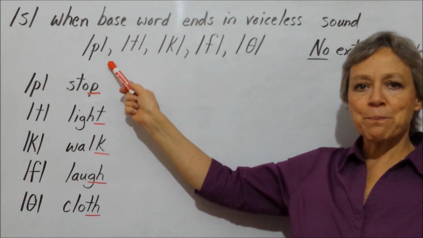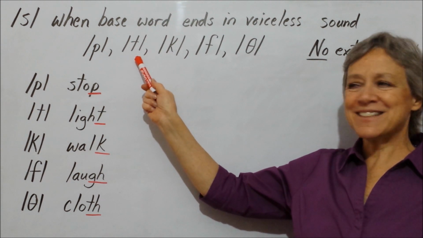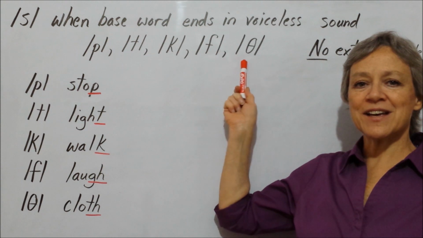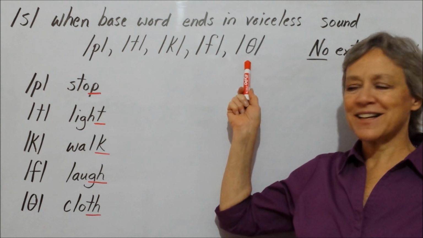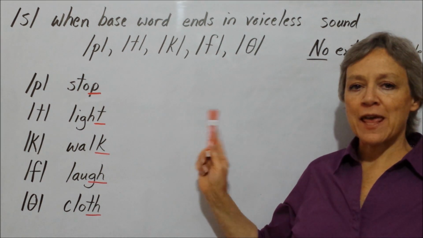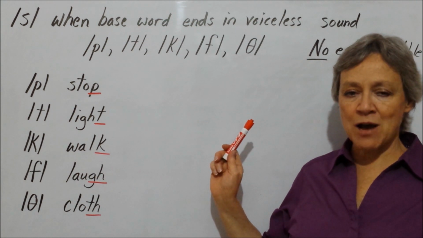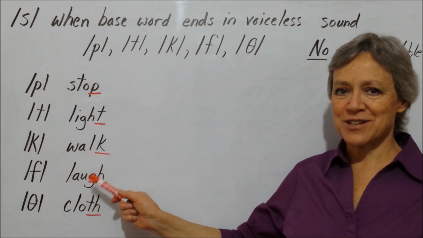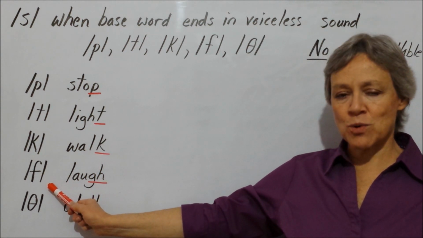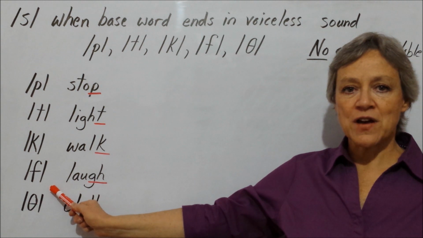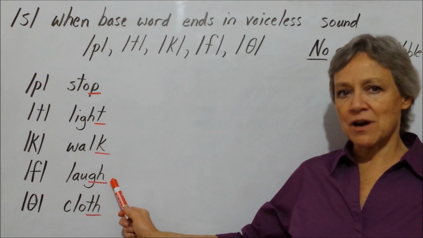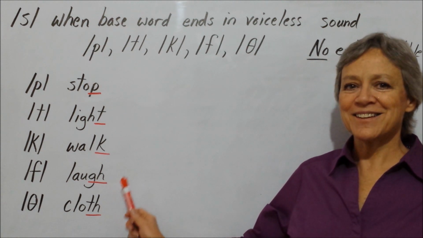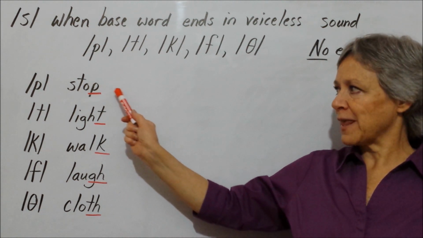This is p, t, k, f. Here are some examples. Remember I said that the last sound must be one of these. I'm not talking about the last letters. So in particular, if we look at this one, the sound f, the letters are not the letter F, okay? I'm talking about the sound. Let me pronounce these for you.